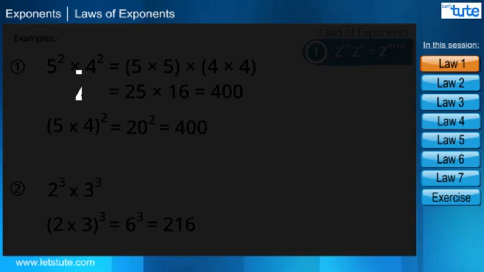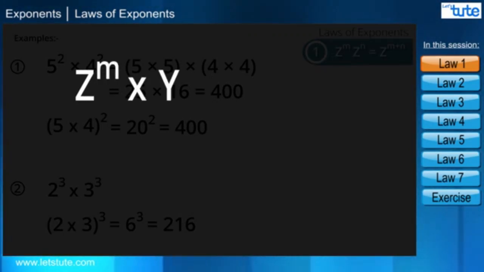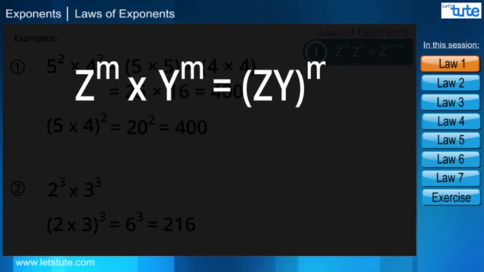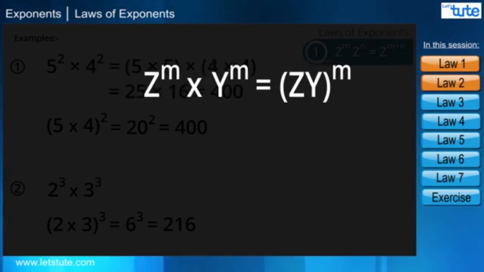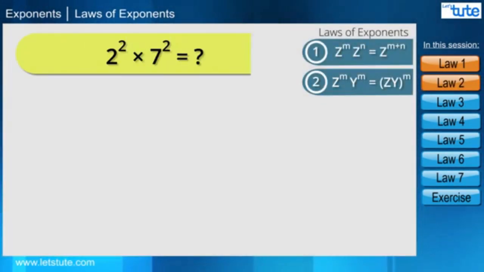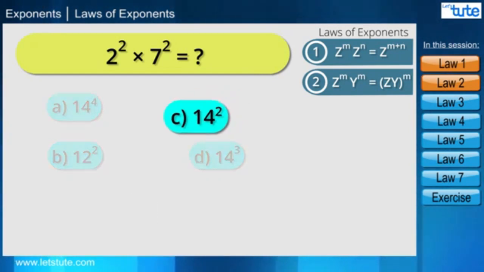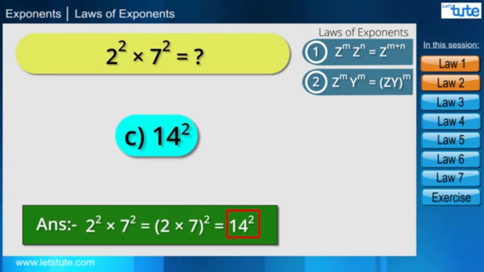Therefore, z raised to the power m multiplied by y raised to the power m is equal to z into y raised to the power m. So, this is our second law of exponents. What will be 2 raised to the power 2 multiplied by 7 raised to the power 2? It will be 14 raised to the power 2.